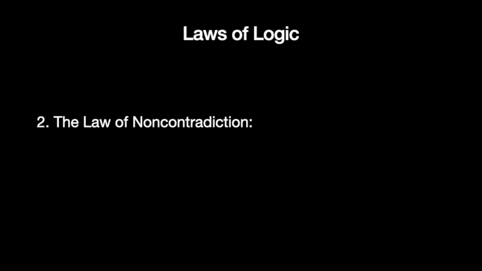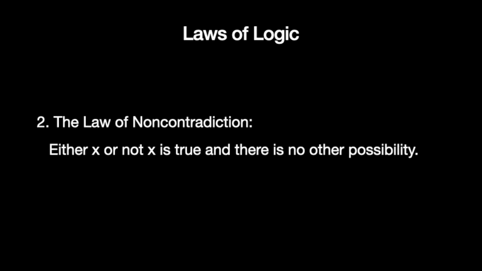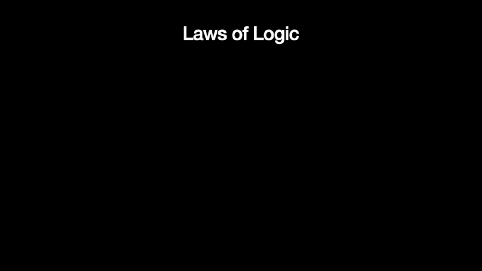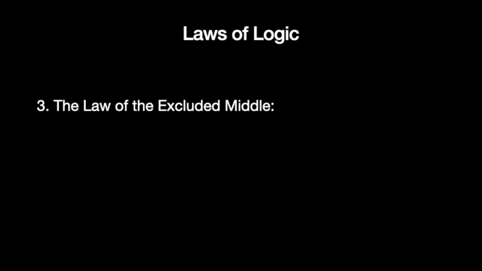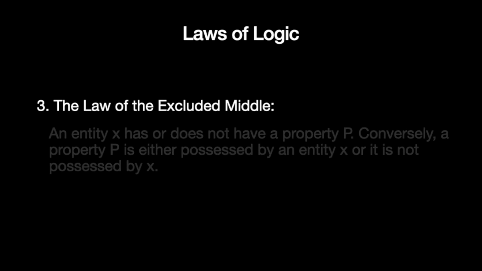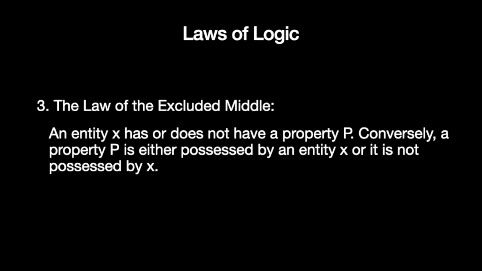The law of non-contradiction: either x or not x is true, and there is no other possibility. 3. The law of the excluded middle: an entity x has or does not have a property p. Conversely, a property p is either possessed by an entity x, or it is not possessed by x.